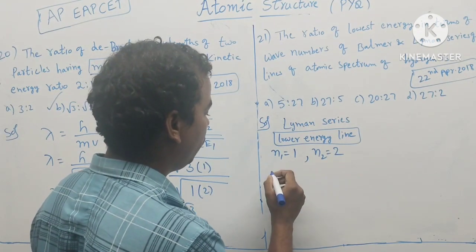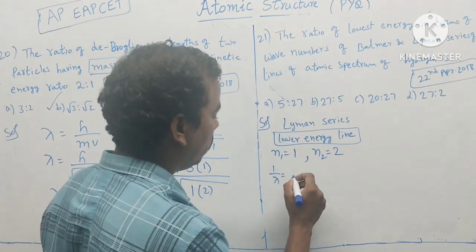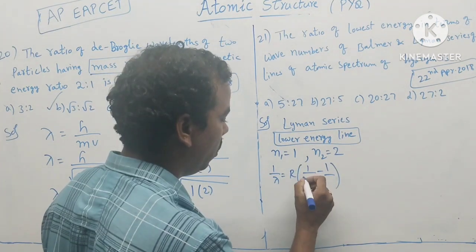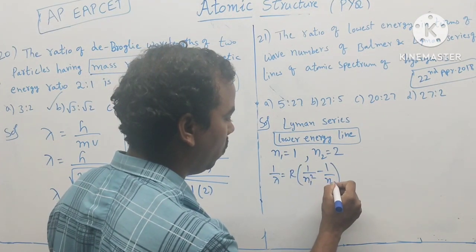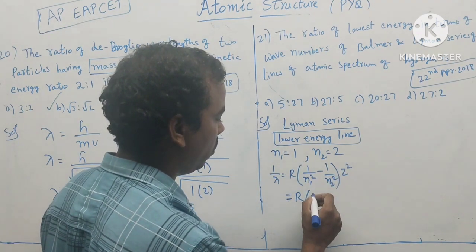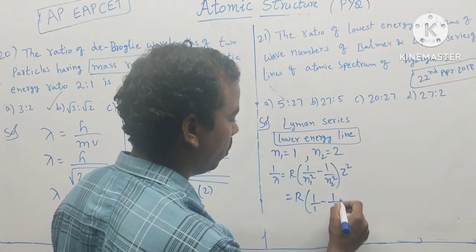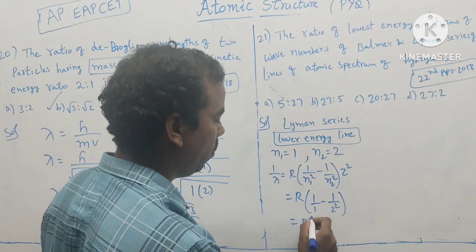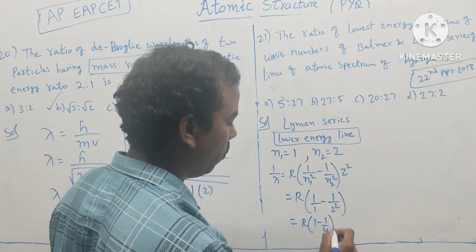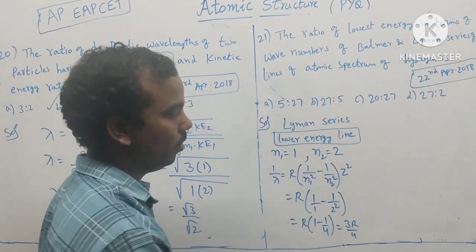So for this, 1 by lambda is equal to R into 1 by n1 square minus 1 by n2 square into Z square. So that equals R into 1 by 1 minus 1 by 2 square, Z is 1. So R into 1 minus 1 by 4, that equals 4 minus 1, 3R by 4.